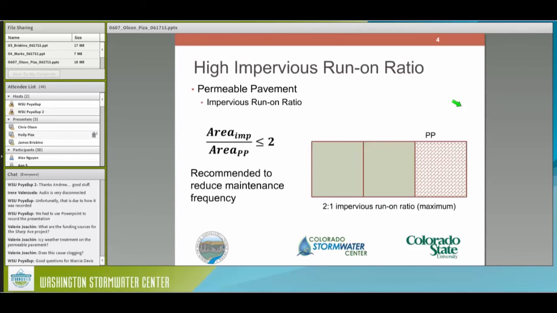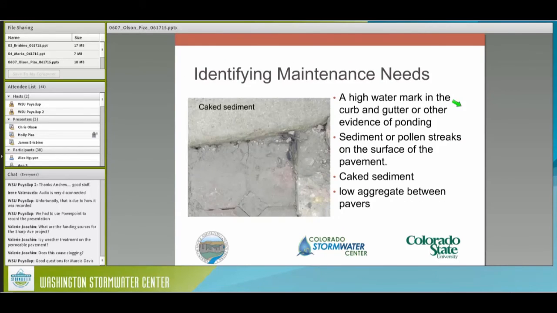The Interlocking Concrete Pavement Institute, ICPI, recommends a maximum of 5-to-1 onto permeable interlocking concrete pavement. I would agree that permeable interlocking concrete pavement might have the highest allowable run-on ratio, whereas something like porous asphalt, you really want to avoid having run-on ratio. But this is definitely a factor in how frequently you're going to need to maintain permeable pavement.